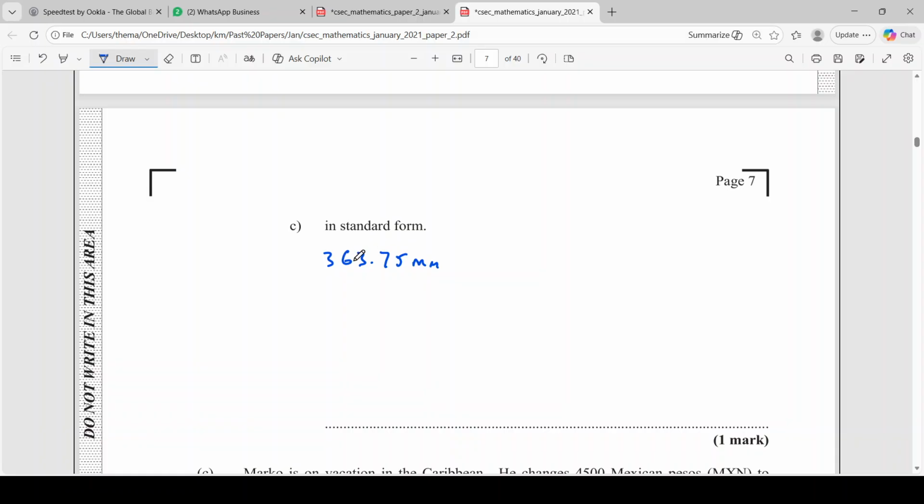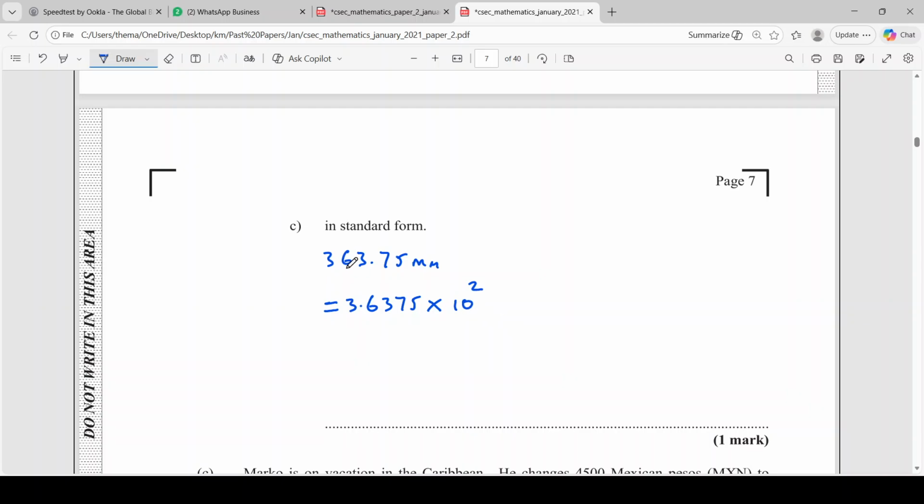If we move the point to this position here, that is 36.375, that is still not between 1 and 10. If we move it here, 3.6 is between 1 and 10. So that will be 3.6375 multiplied by 10. And how many places did we move it? 1, 2 places we move it to get it to this location. So that's to the power 2.